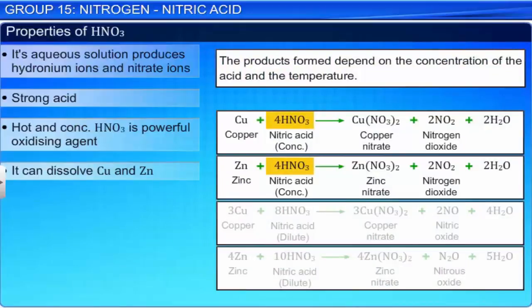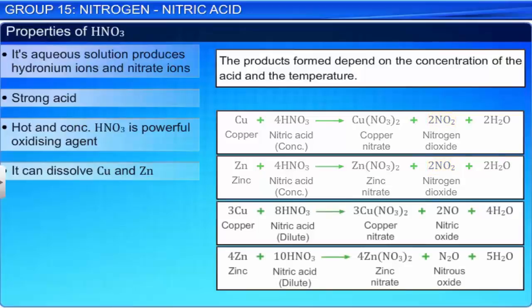Concentrated nitric acid reacts with copper and zinc to give nitrogen dioxide. Dilute nitric acid reacts with copper to give nitric oxide and with zinc to give nitrous oxide.